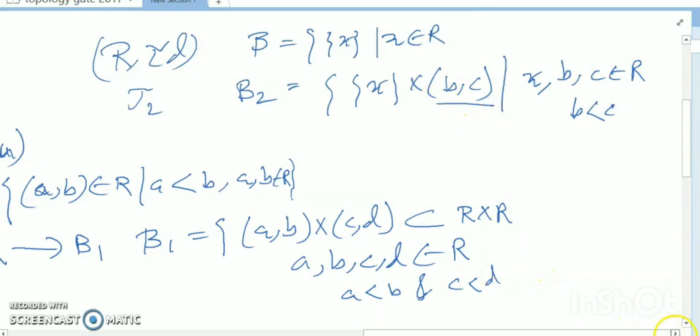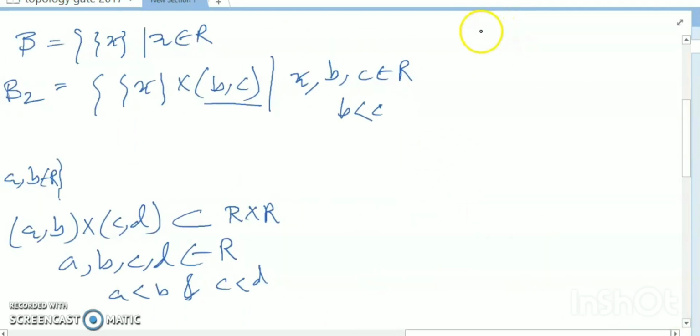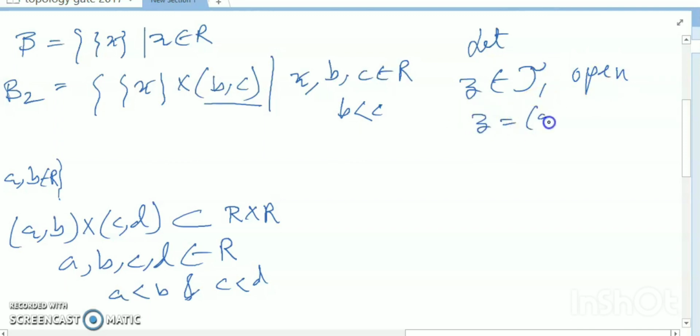Let z belong to tau and z belong to (a, b).